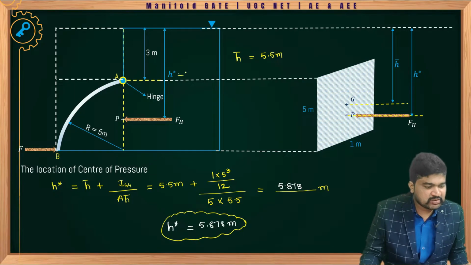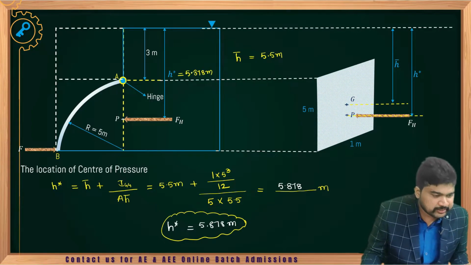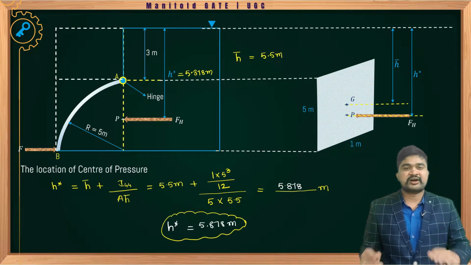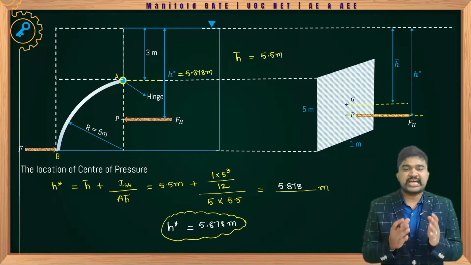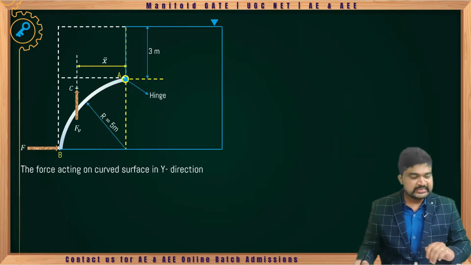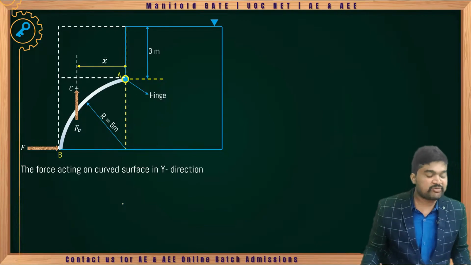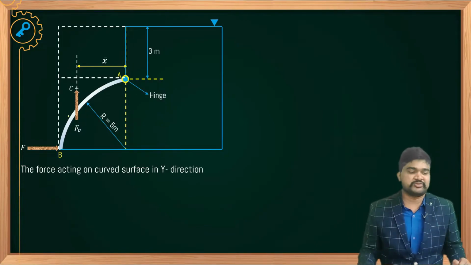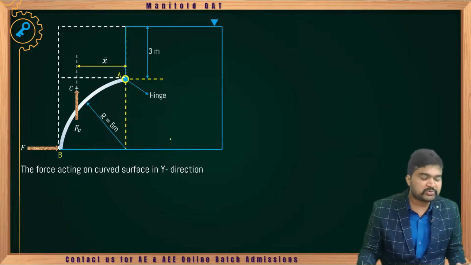So h star equal to 5.878 meter. Now we can focus on the vertical hydrostatic pressure force acting on the curved surface in y direction. See here how to determine Fy. Here the fluid is present below the curved surface.